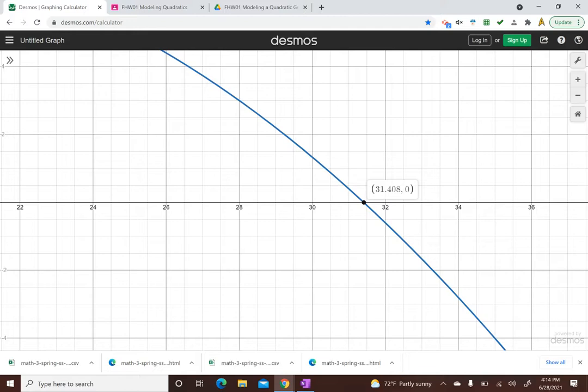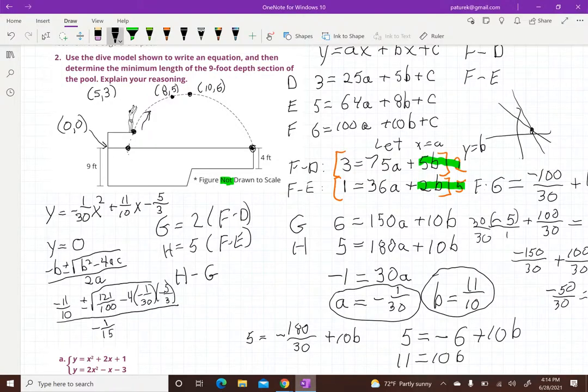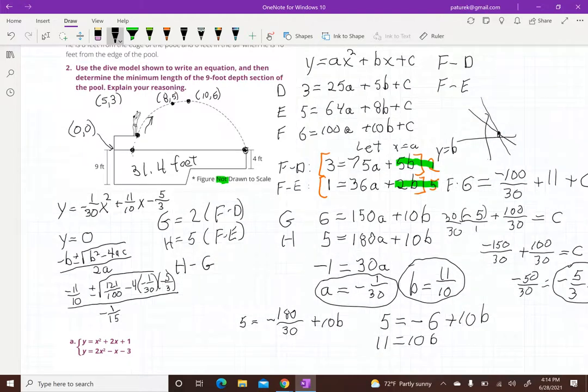It says 31.408 feet. And so there's my answer, 31.4 feet. Thank you, Desmos. Okay, so that answers number 2. The answer is 31.4 feet is the minimum length of the 9-foot section of this pool.